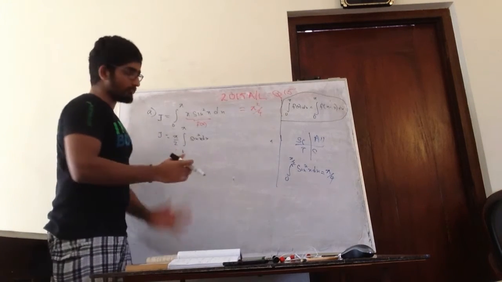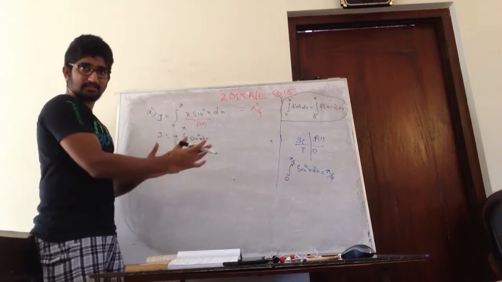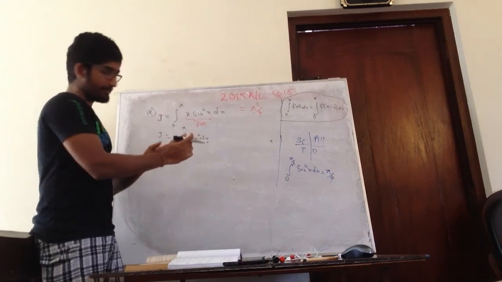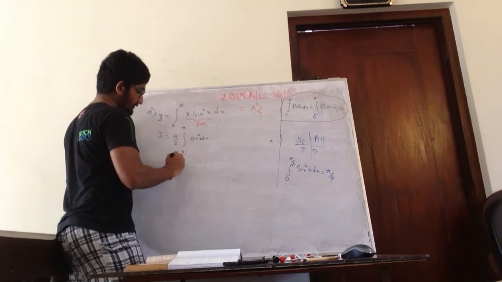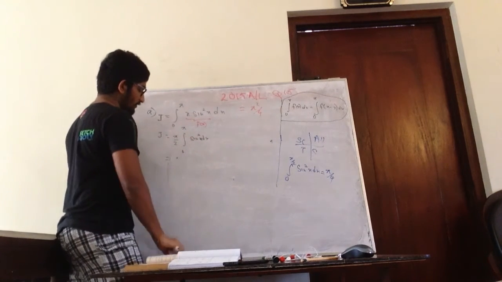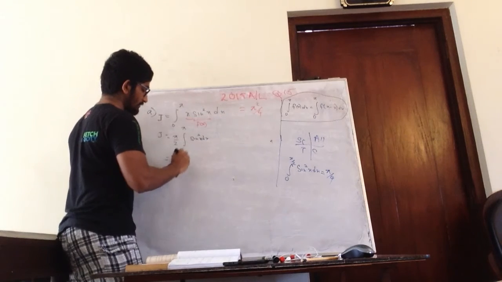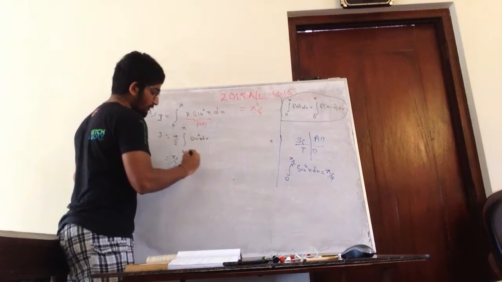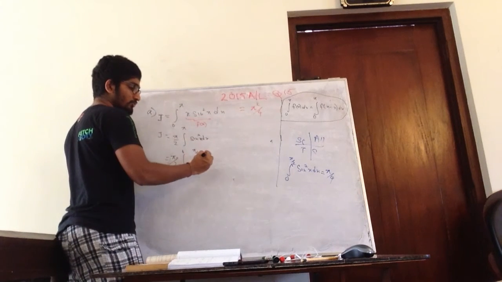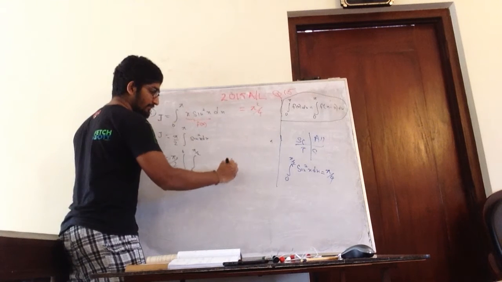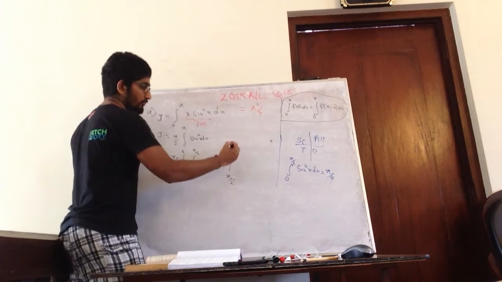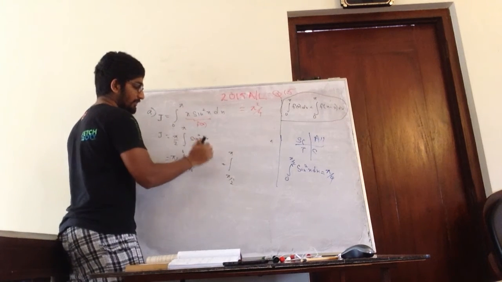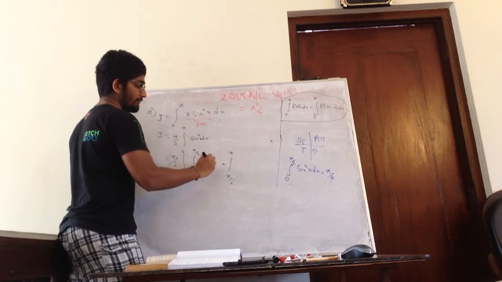So there is a theorem that you can break these limits up. You can write this, the 5 over 2 constant is anyway there, from 0 to 5 over 2 and then yet again from 5 over 2 to 5.